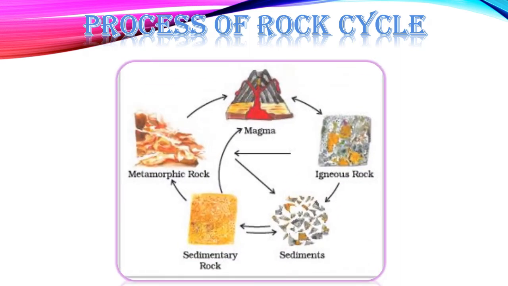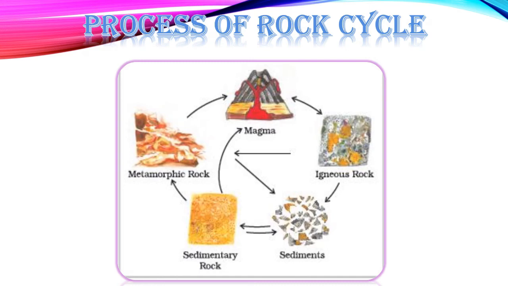Now let's understand. This is the brief. So you have a volcano that erupts here and you have solidification of magma. This solidification leads to formation of igneous rocks. Now when this igneous rock is formed, over time there is a breaking down by the agents of weathering and erosion.